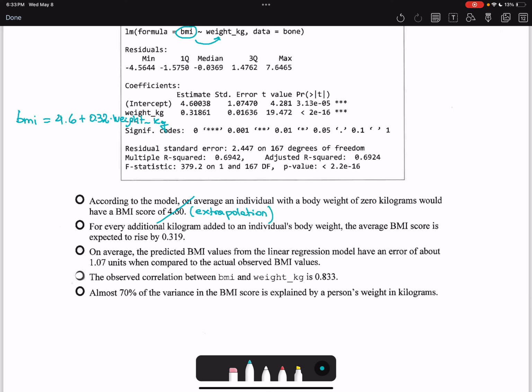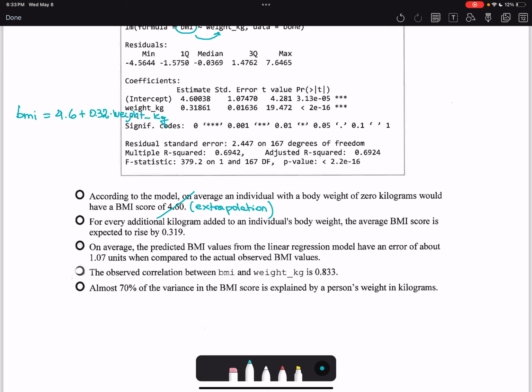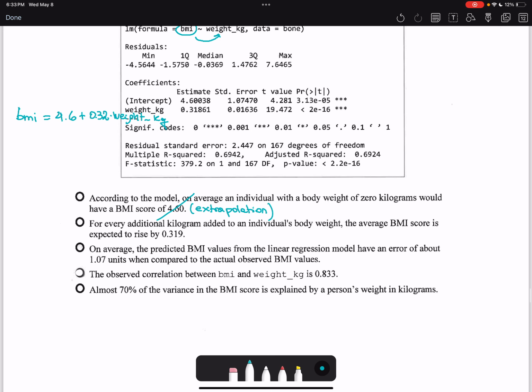For every additional kilogram added to an individual's body weight, the average body mass index score is expected to rise by 0.319. That seems reasonable to me. I like this one. So let me bubble this one for now.